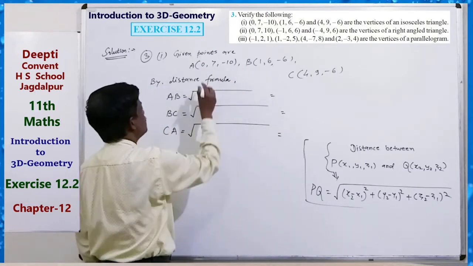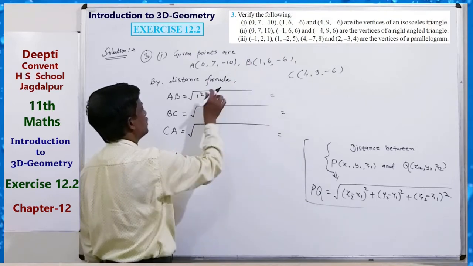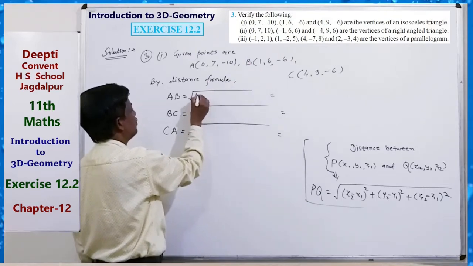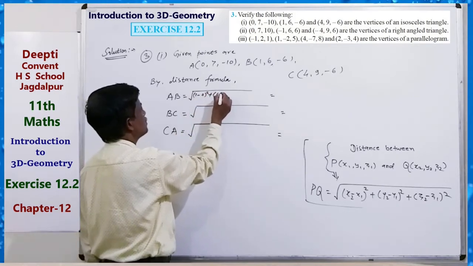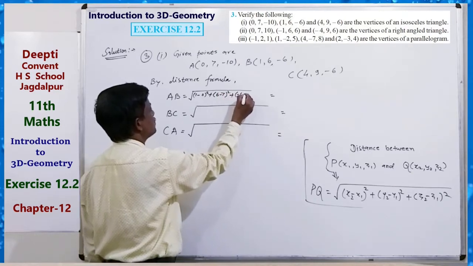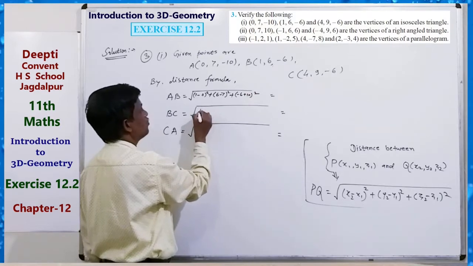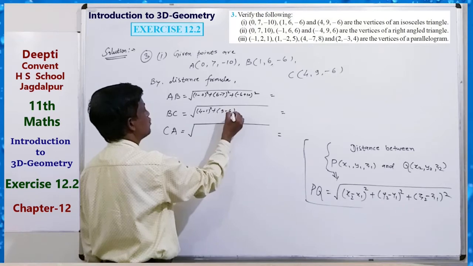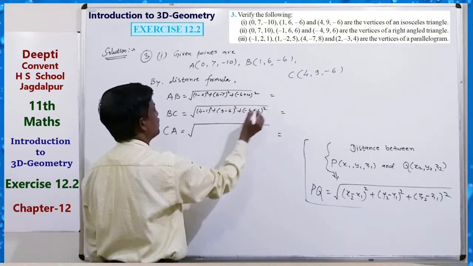AB is (1 minus 0) square plus (6 minus 7) square plus (minus 6 plus 10) square, and here BC is (4 minus 1) square plus (9 minus 6) square plus (minus 6 plus 6) square.